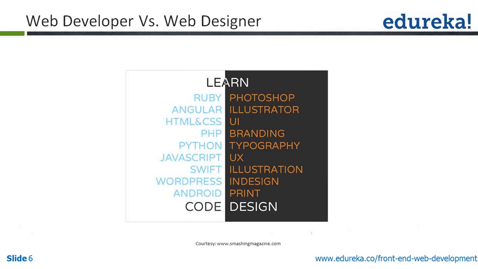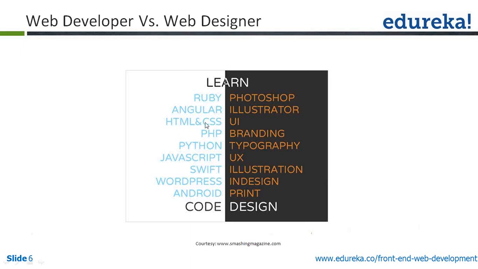Let's differentiate what are the skills required by a web developer and a web designer. See, on the left hand side are the skills required by a web developer. The right hand side, the one which has the black background, are the skills required for a web designer.